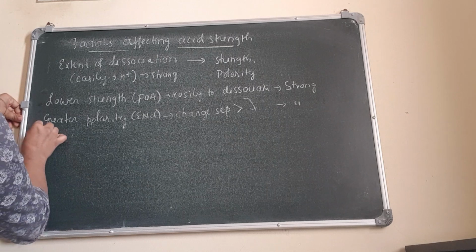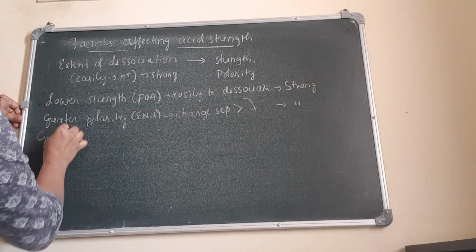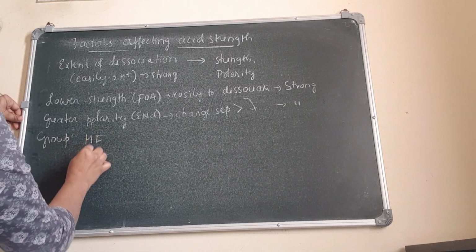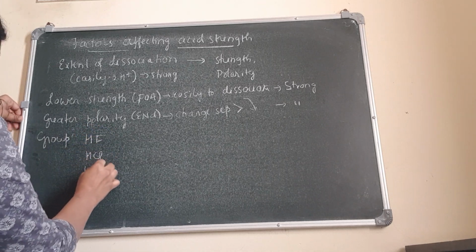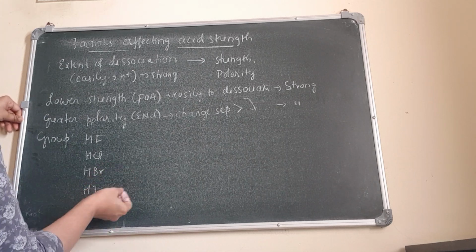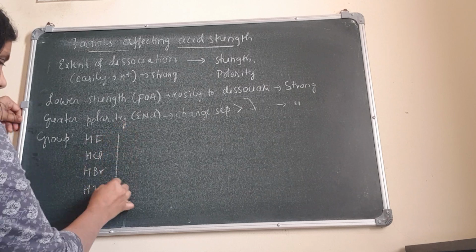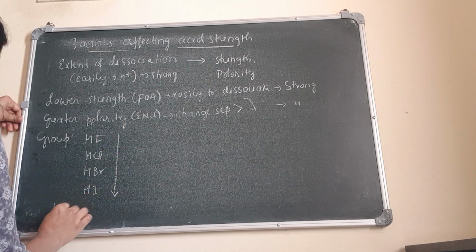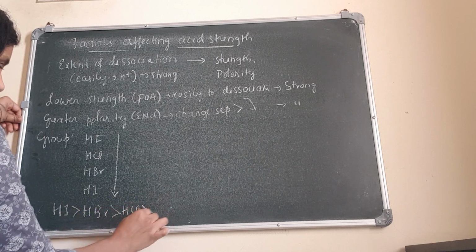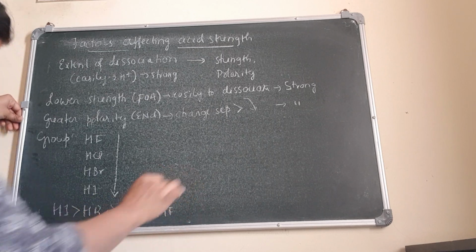Alright, so let us now talk along a group. If you go down along a group, for example you have HF, HCl, HBr and HI. In the increasing order of acidic strength, HI is stronger in comparison with HBr, HCl, and at last it is HF.